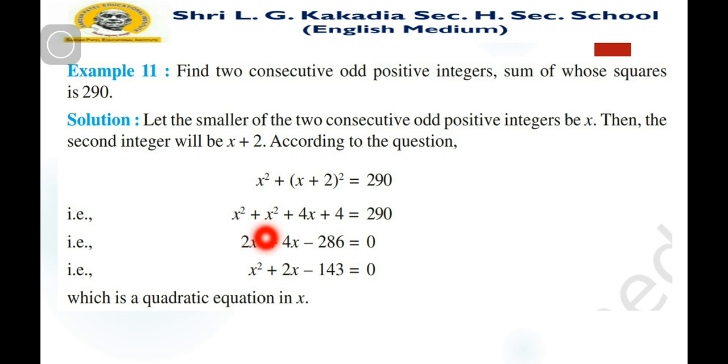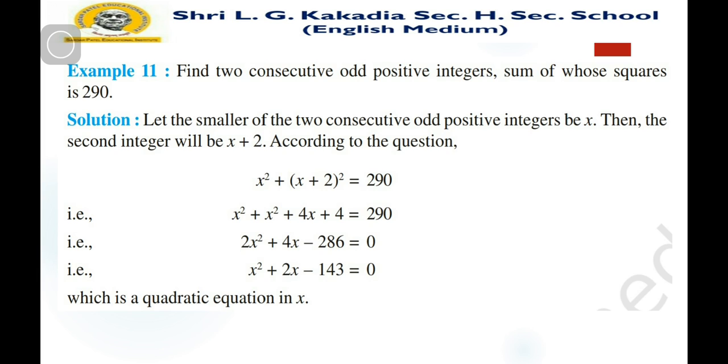x square plus x square, that is 2x square plus 4x minus 286 is equal to 0. And after taking the common term 2 from all the terms, we can find x square plus 2x minus 143 is equal to 0, which is a quadratic equation in x, as you can see here.